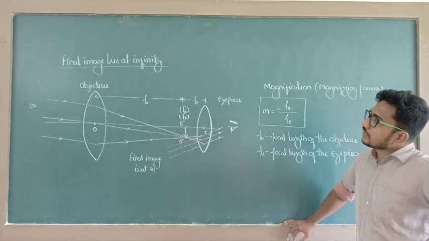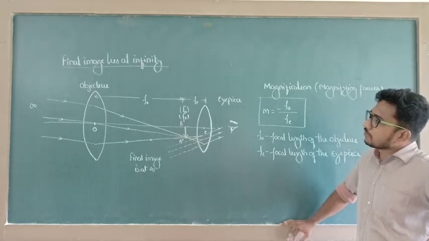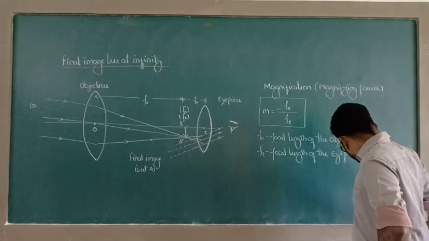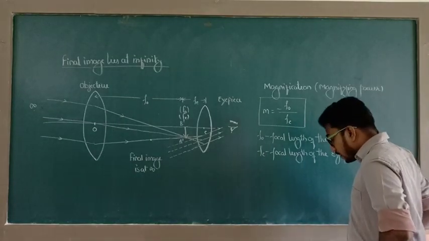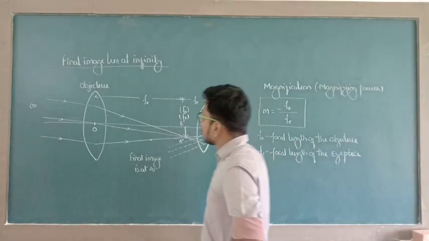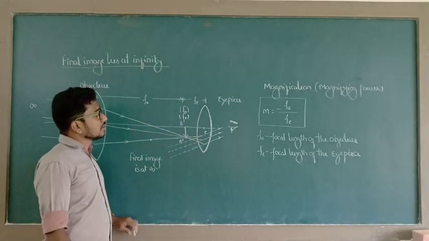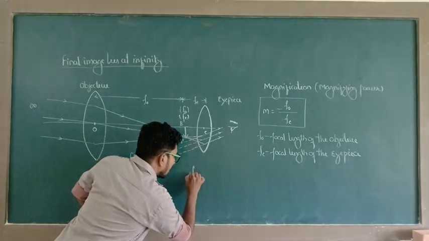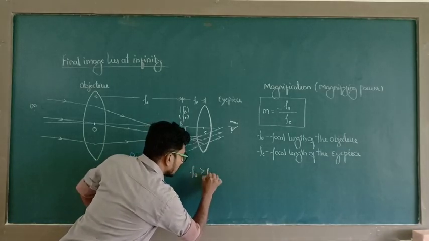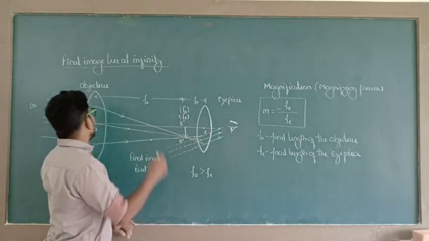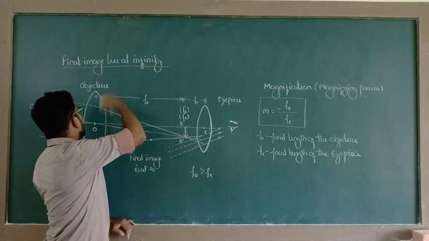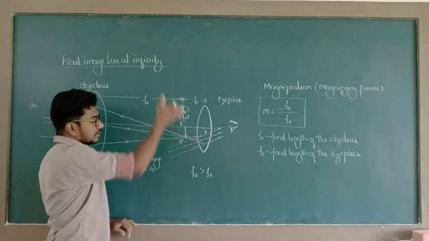So in case of this refracting type of telescope, again the focal length of the objective is greater than the focal length of the eyepiece, and it also has a larger aperture as compared with the eyepiece.